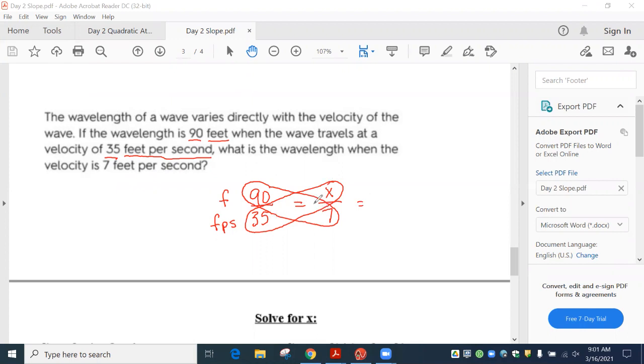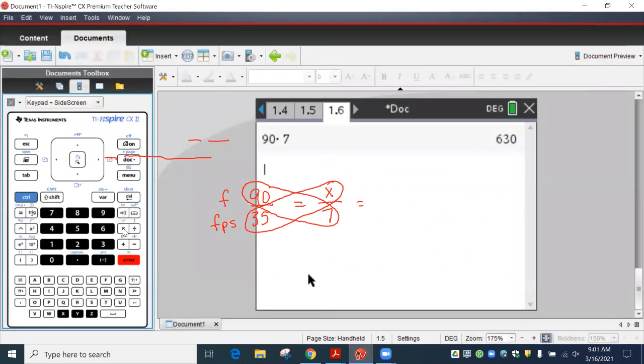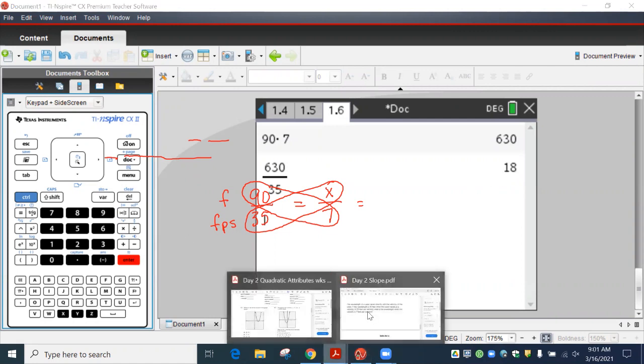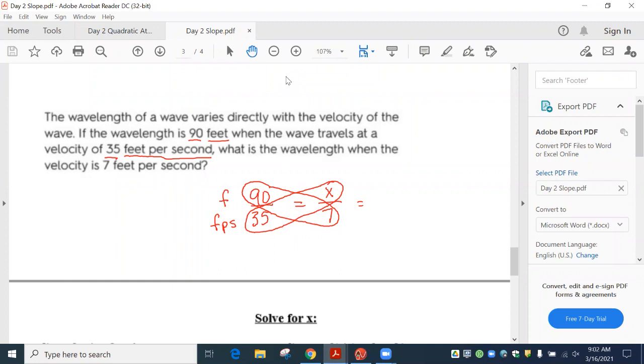So we're going to divide by the number that's with X. So you multiply the two numbers that are circled together, and then you divide by the number that's with X. And so we're going to divide by 35, and we get 18. And it was 18 feet because the feet were right here. So it was 18 feet.